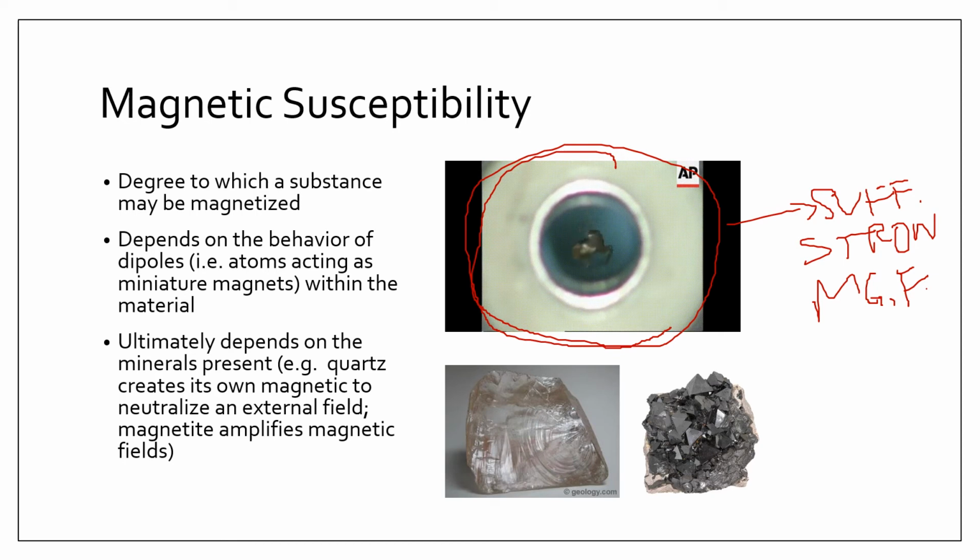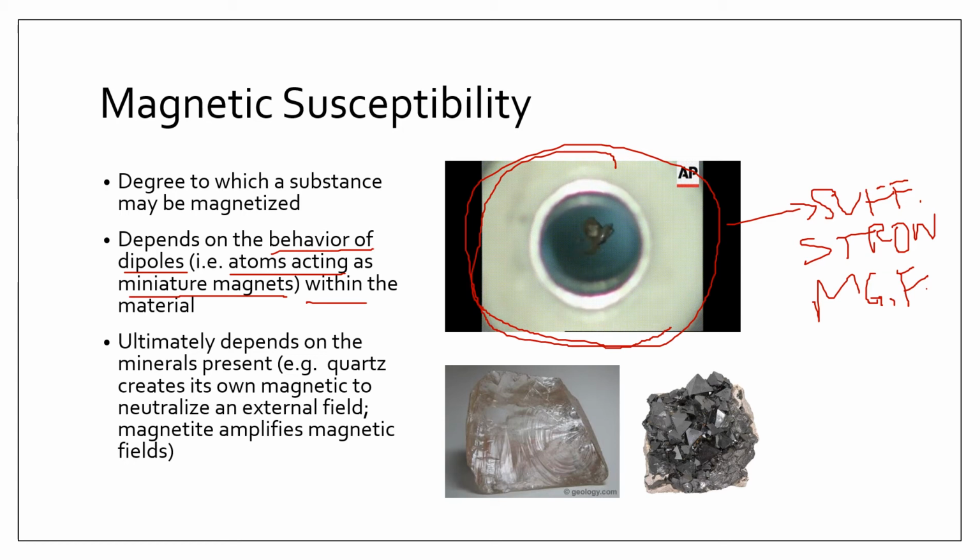Now, there are many factors that can affect the magnetic susceptibility or the magnetic response of a material, and one of them is the behavior of your dipoles. Dipoles are atomic scale miniature magnets that are present within a material. Depending typically on the mineralogy, the dipoles in your material can react differently.